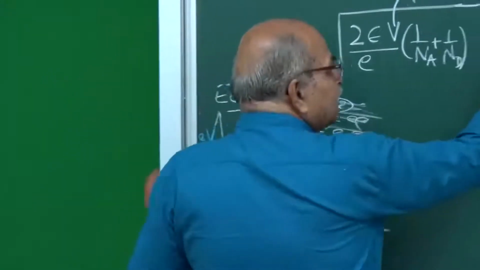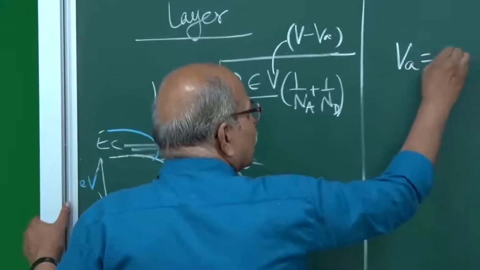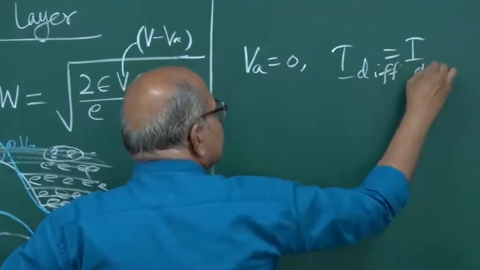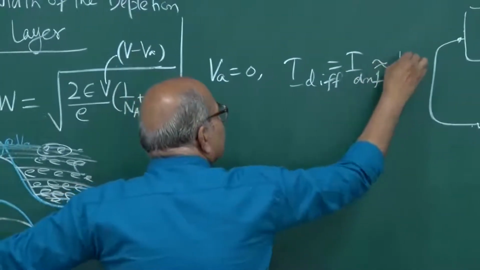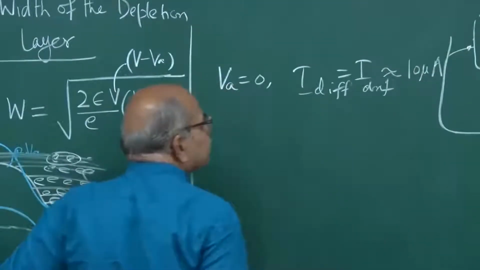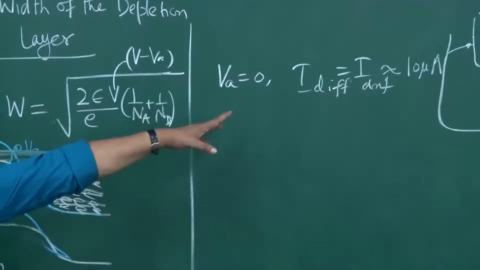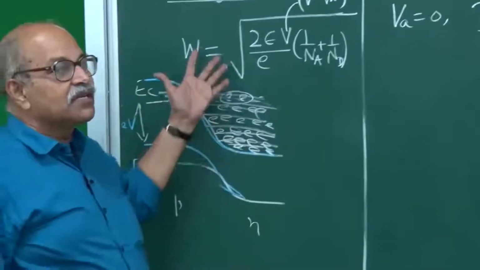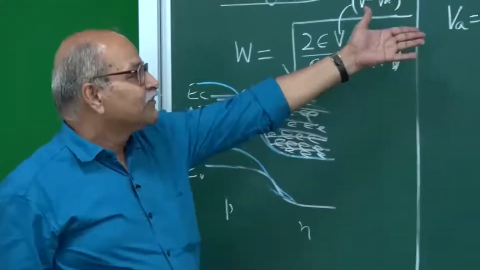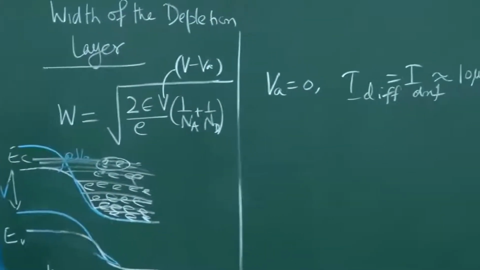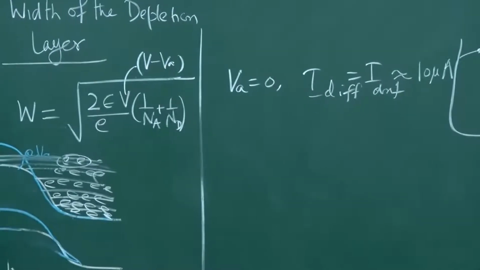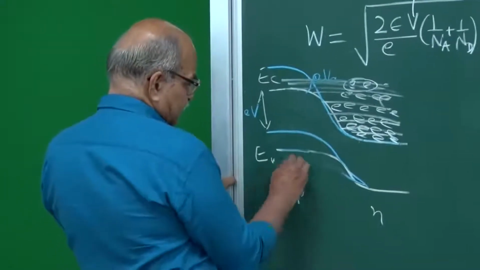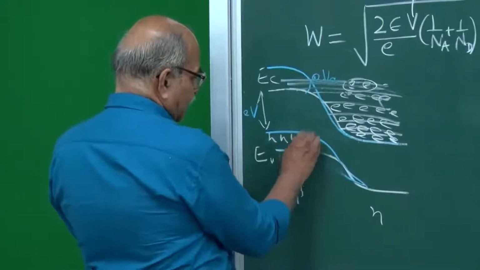Already when there was no bias, VA was 0, then I diffusion equal to I drift, and that is of the order of a few microamperes. So already that diffusion current was small, and then you increase the barrier and it goes exponentially further down. So very quickly this diffusion current will decrease. Similar is the story here, the majority carriers here are holes.